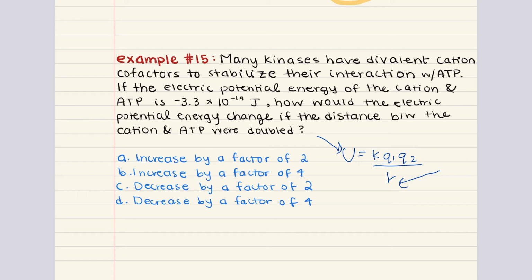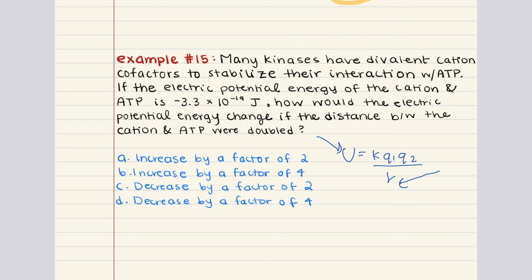However, in our case, because the two charges are oppositely charged, ATP negative, divalent cation positive, the initial potential energy is already negative. And when the distance is doubled, the magnitude of the potential energy decreases, but it remains negative. A smaller negative value still means an increase in the energy, as moving farther apart makes the interaction weaker.